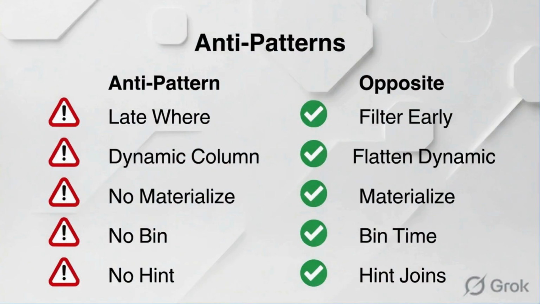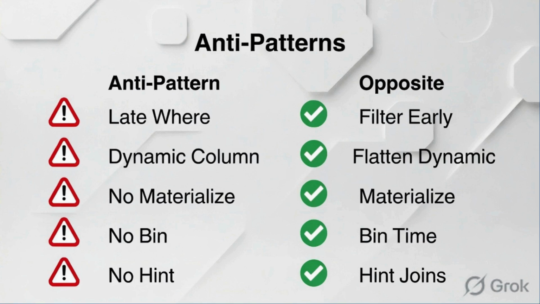Look at this side by side. It highlights the biggest performance killers and their simple fixes in KQL. On the left, red warning icons flag the anti-patterns we must avoid. Late where. Filtering after summarize or join scans everything unnecessarily. Dynamic column. Carrying large dynamic objects through heavy operations eats memory and slows everything.